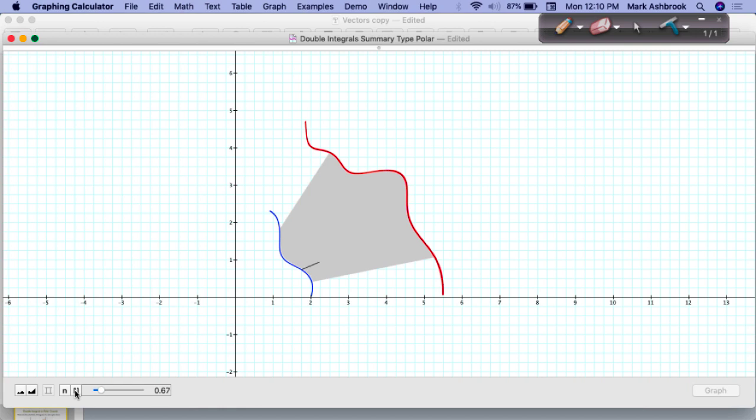Slow again. Do it manually. So part 1, part 2. So what is it showing then, in terms of double integrals?